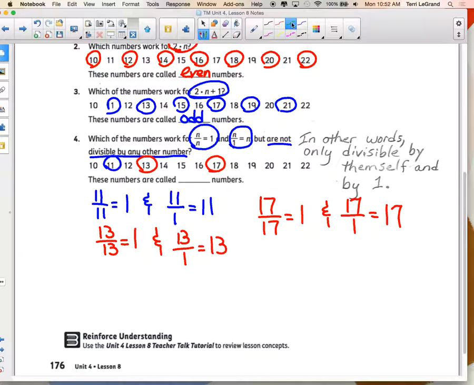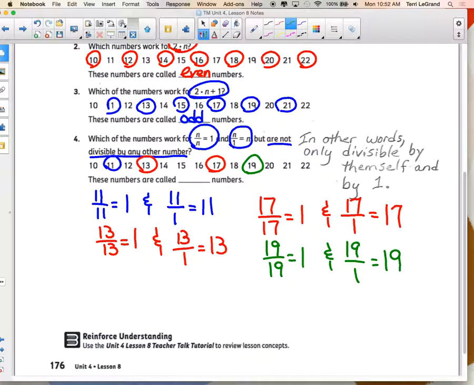Sylvia? 19, Sylvia says. So 19 divided by itself is 1. True, class? And when you take 19 and divide it by 1, you get 19. So it's divisible by itself, we get 1.